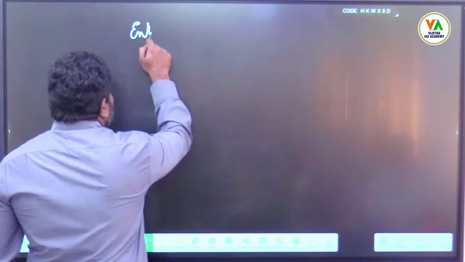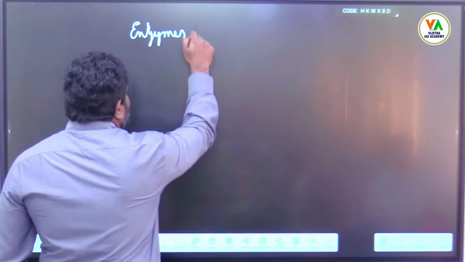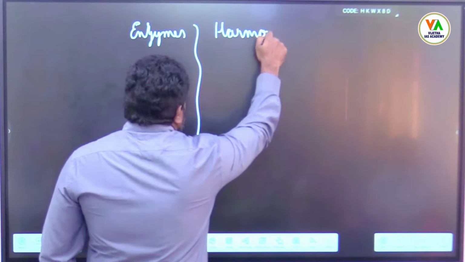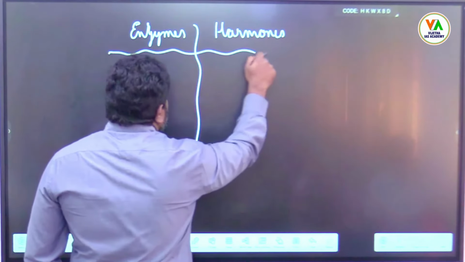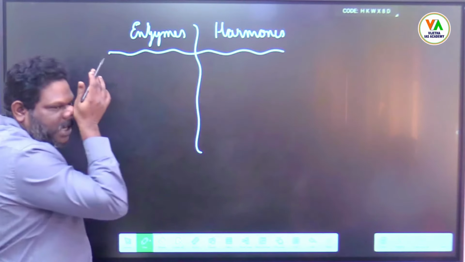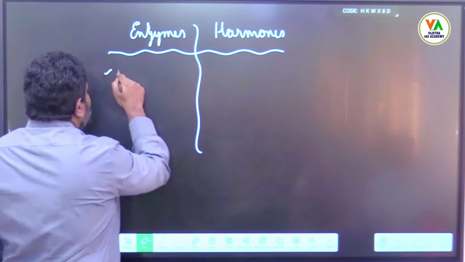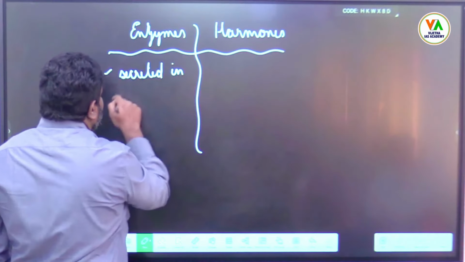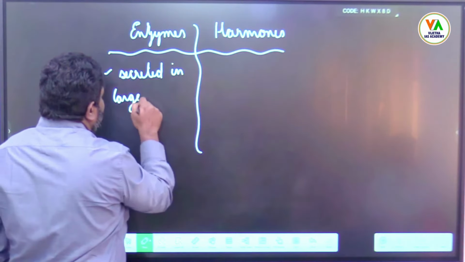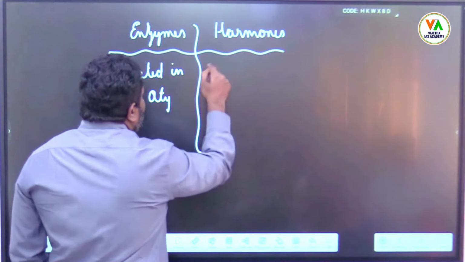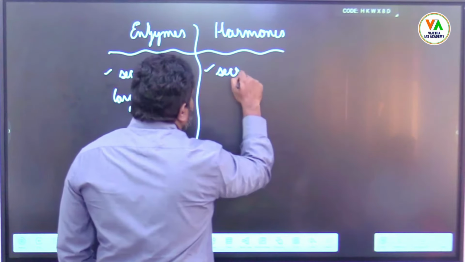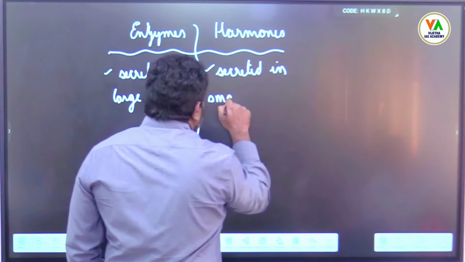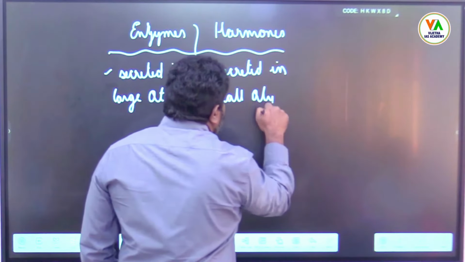So first you see enzymes and hormones. This is no need to write, it is only basics. See, enzymes are secreted in large quantities. Hormones are secreted in a small quantity.